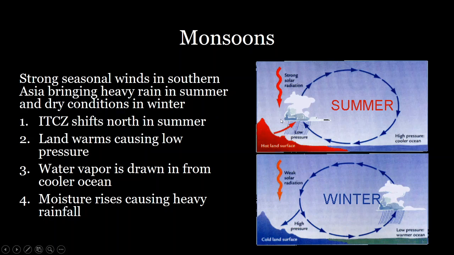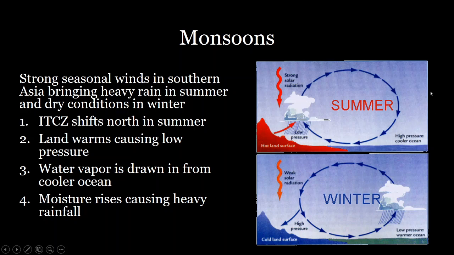And so that warm land causes the low pressure system of the ITCZ, and that low pressure draws in water vapor from the ocean, and that cool ocean air moves onto the land, and as it rises and gets sucked into that low pressure system, then it condenses and falls out as rain.